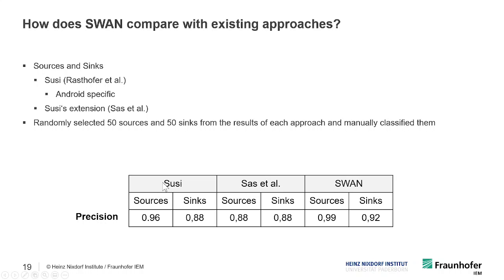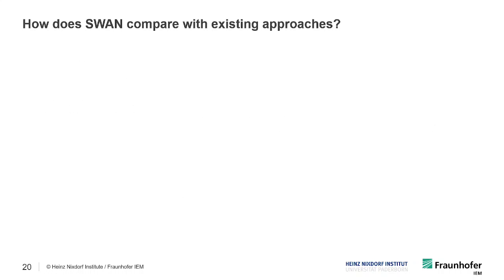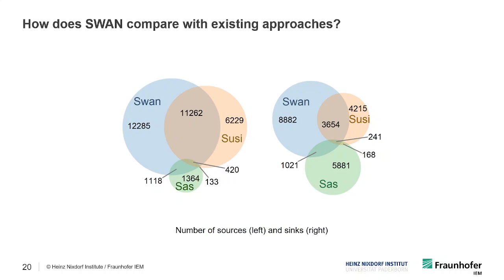Then, comparing these approaches, we also looked into the number of methods that each tool creates, and this Venn diagram shows exactly this. On the left side we have the number of sources, on the right side the number of sinks.